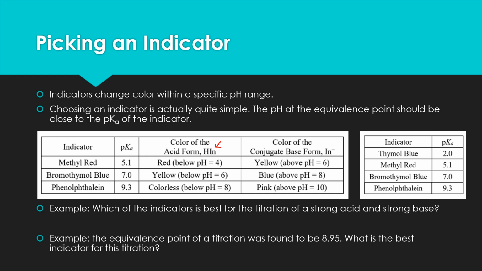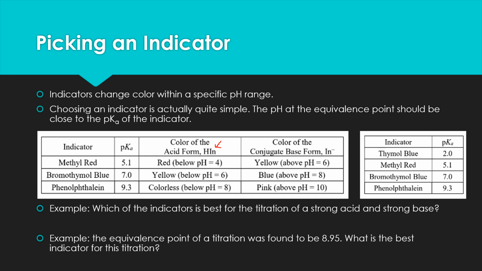If we did a titration with this, we'd want that in-between color as our endpoint, that orange color. Bromothymol blue goes from a 6 to an 8, going from yellow to blue, and phenolphthalein goes from colorless to pink from 8 to 10.